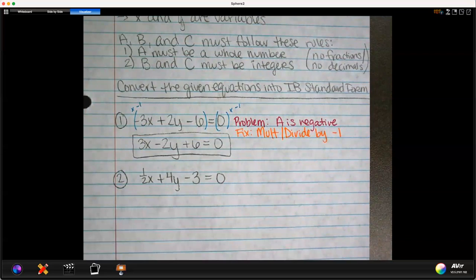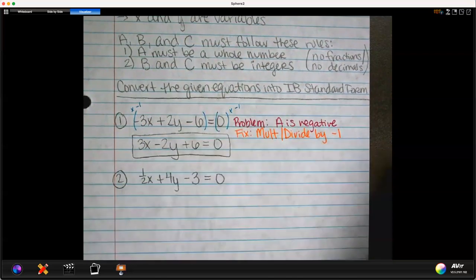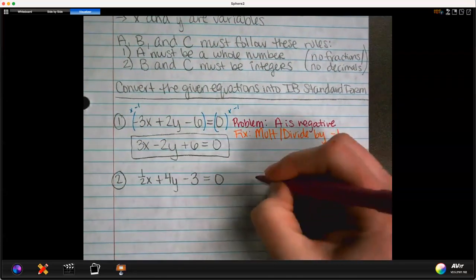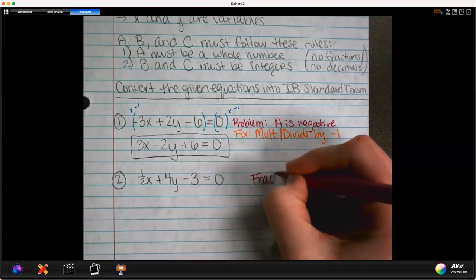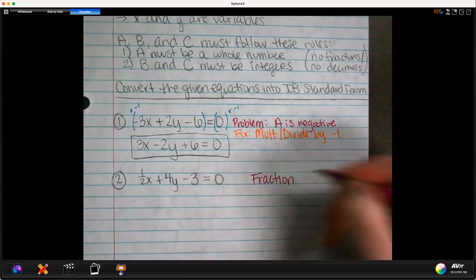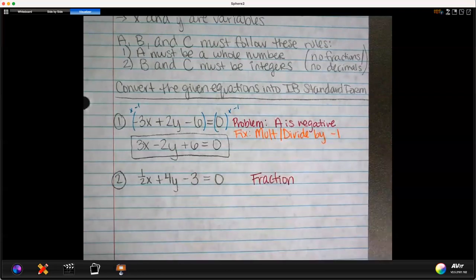So thinking about our 3 things that it must be true for it to be IB standard form, what is the issue for this one? A is not a whole number, so therefore we have a fraction that is causing an issue. Okay, A is not a whole number, or you could say that we have a fraction.